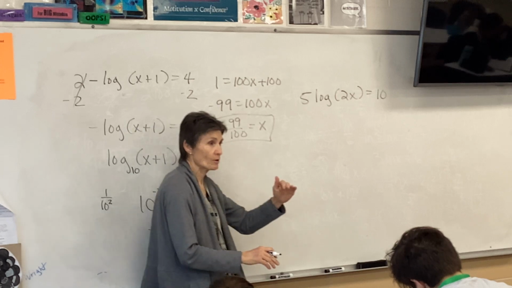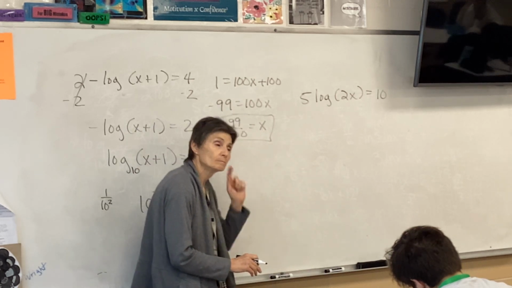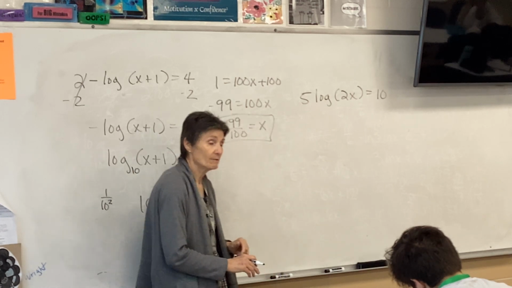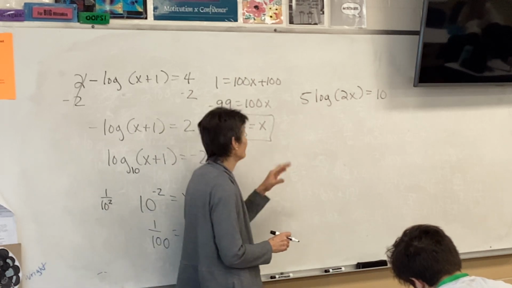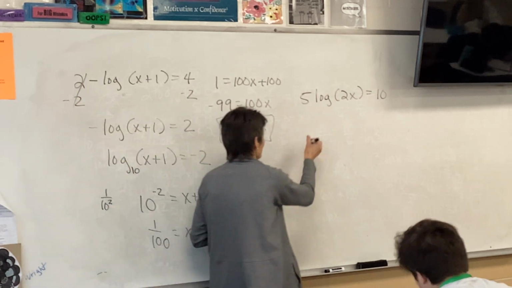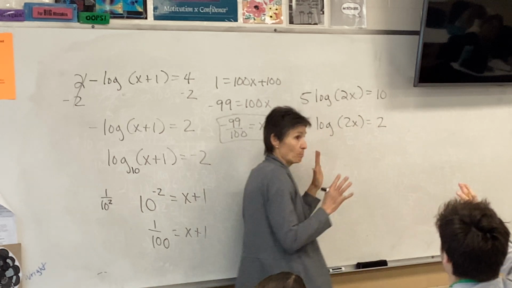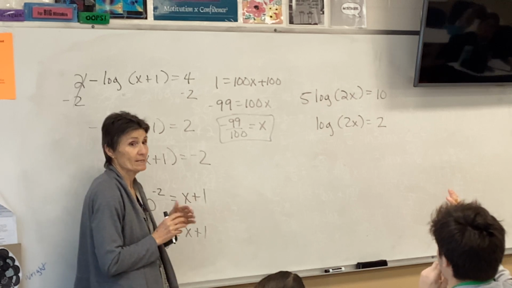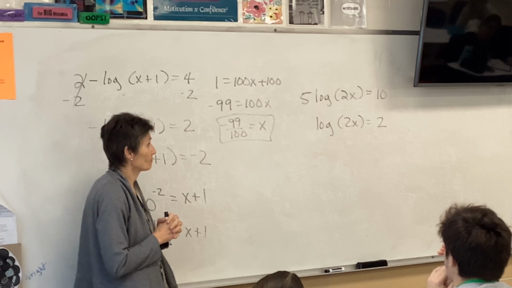I want to make sure everybody's starting right. Yeah, divide by 5. Did everybody divide by 5? This one doesn't have an extra number to move, so we're just going to start by dividing by 5. So hopefully everybody is at this point. I'm going to give you 30 seconds to think about what happens next if you haven't already.